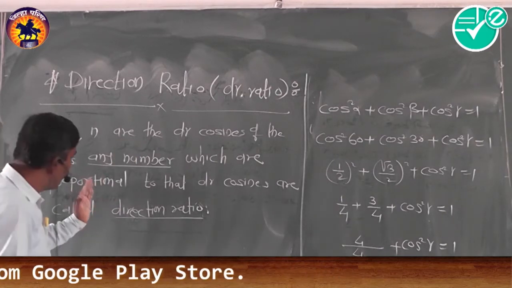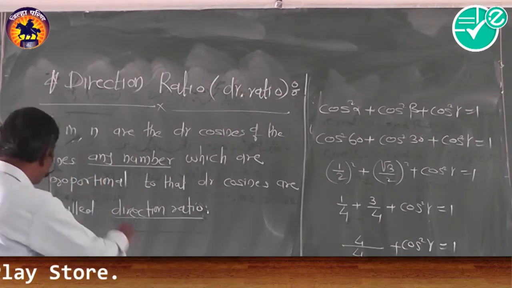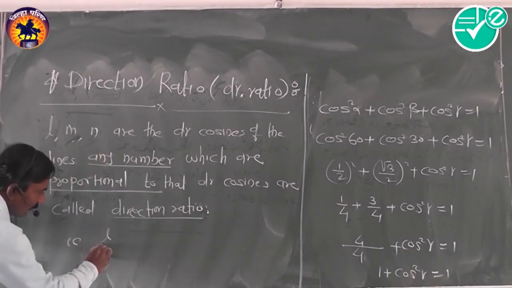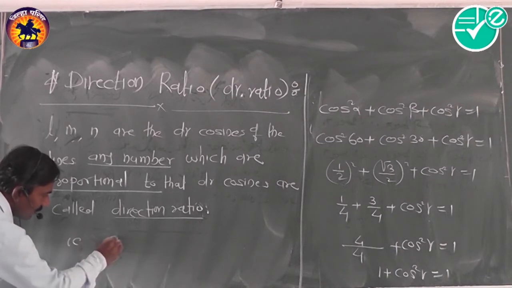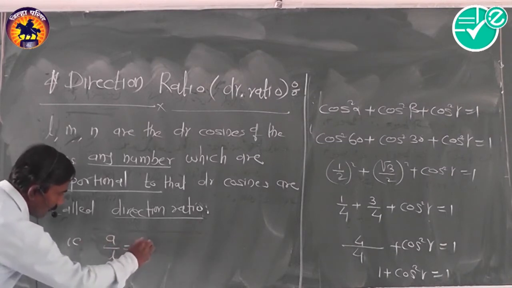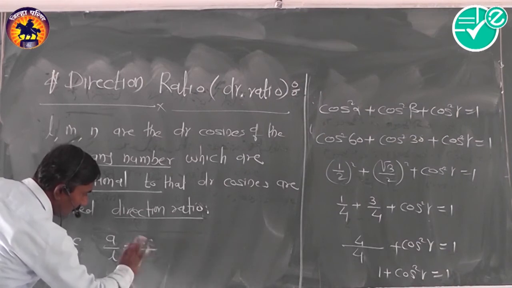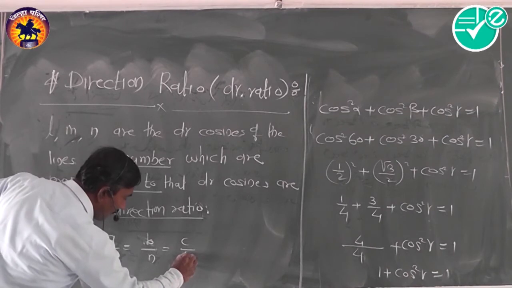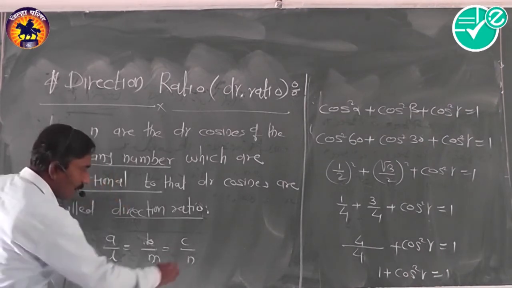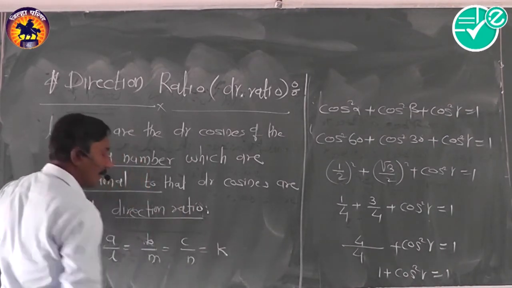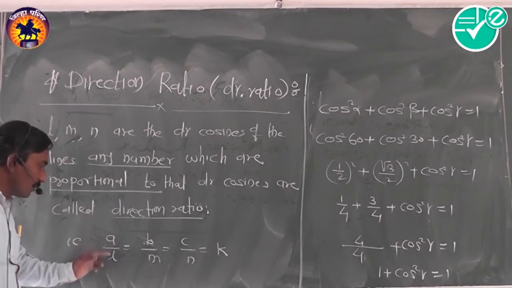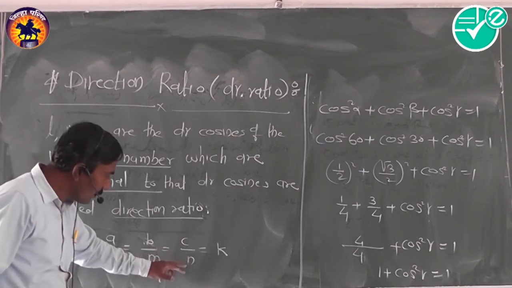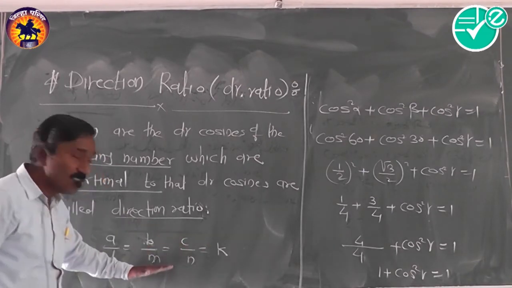So here the word is proportional to. That is, A divided by L, B divided by M, C divided by N is equal to K. Means A is proportional to L, B proportional to M, and C proportional to N, and this is the constant ratio.